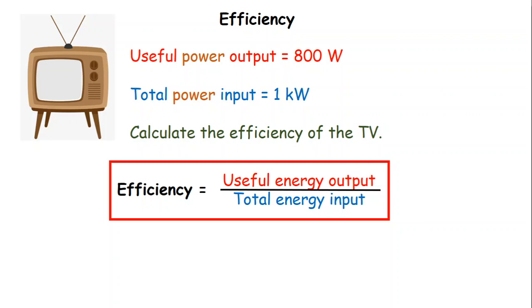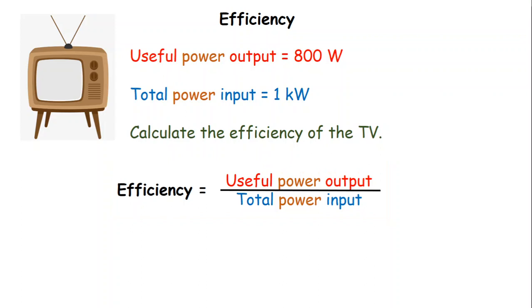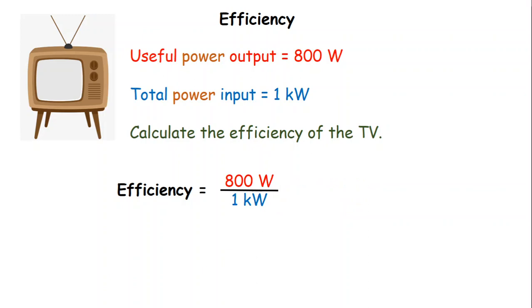If we are given power instead of energy, we can just change that to useful power output divided by total power input. Now again we just have to plug in our numbers into the equation, so we get 800 watts divided by 1 kilowatt. However, now you might notice that there's a slight problem with this.